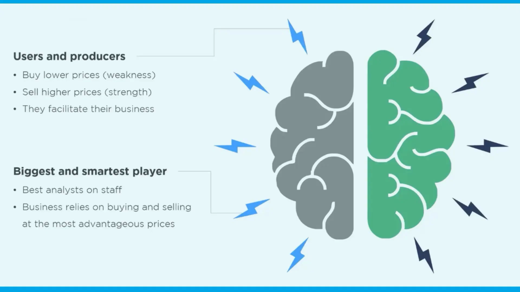Commercials, the smart money, operate differently. They buy when prices are low and sell when prices are high, not because of emotion, but because of business necessity. They have better data, better analysis, and a longer-term view. Their goal is simple: operate at the most advantageous prices possible. If you understand their behavior, you start to see where price is likely to move next.